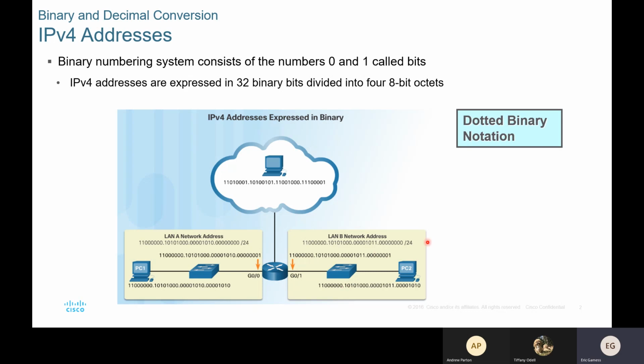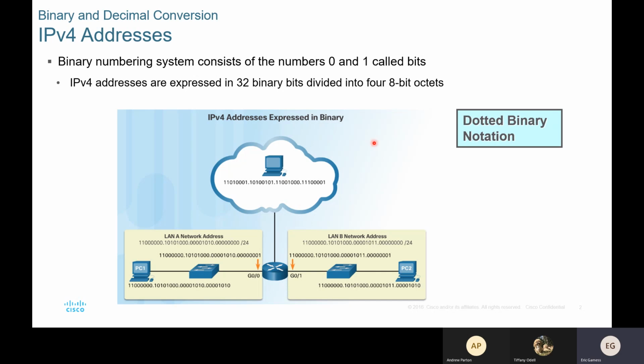We will see that this is a LAN, a local area network, and this is another LAN. Here we have a connection to the internet. Anytime we will represent the internet as a cloud, where we have many devices, so we just hide the complexity of the internet in a cloud.